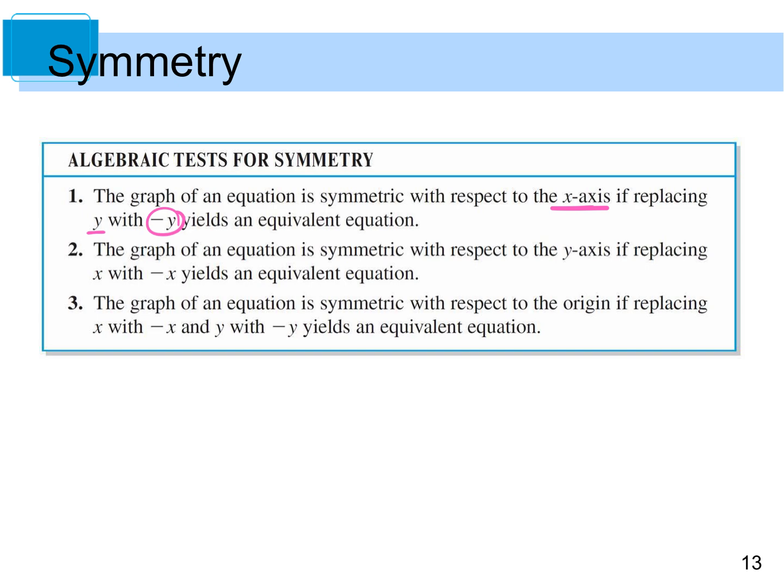Same thing if we plug in negative x for x and end up with an equivalent equation, so the same thing, then it would be symmetric over the y-axis. And then if we plug in negative x and negative y and get an equivalent equation to the original equation, then it is symmetric over the origin.